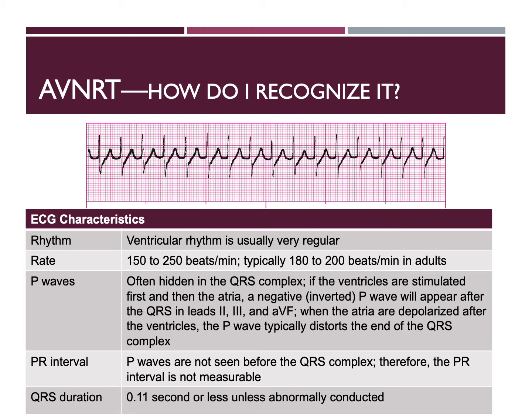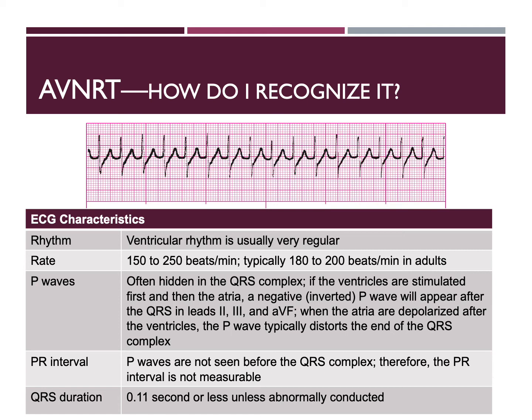When the atria are depolarized after those ventricles, that P wave typically distorts the end of the QRS complex. In AVNRT, our PR interval is not going to be measurable because we're not going to see that P wave before that QRS complex. Our QRS duration is the same as we've talked about in this lecture.